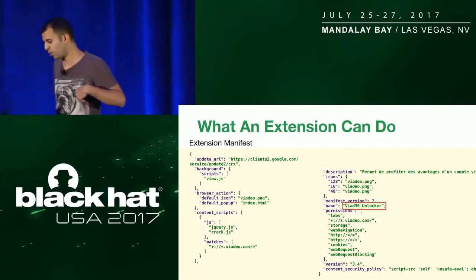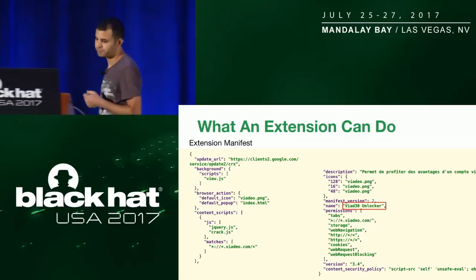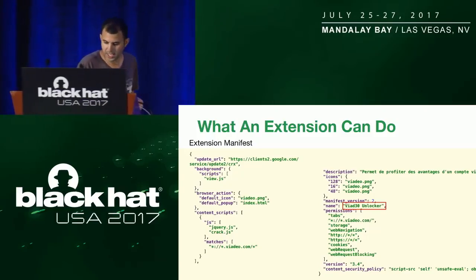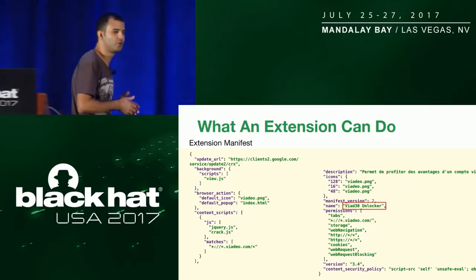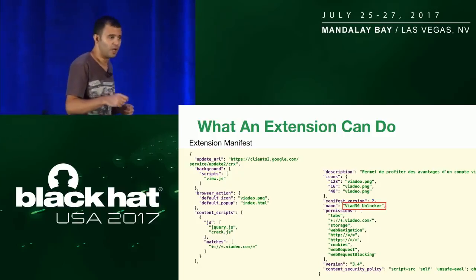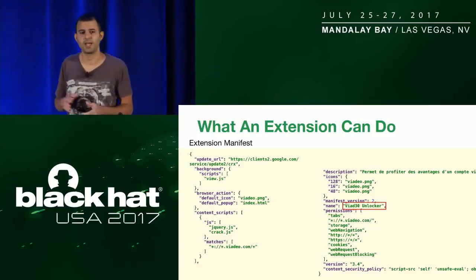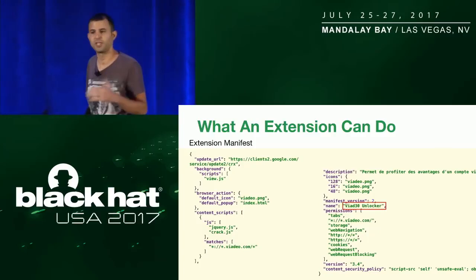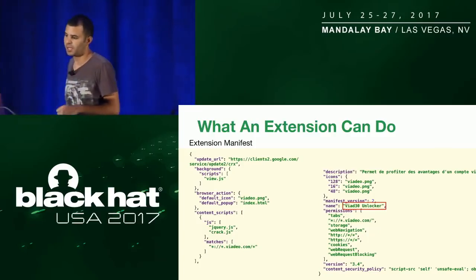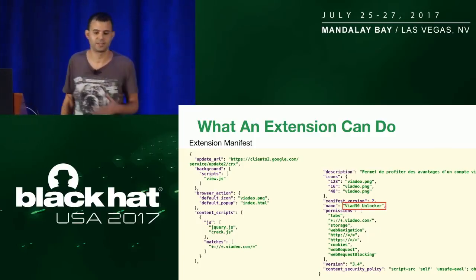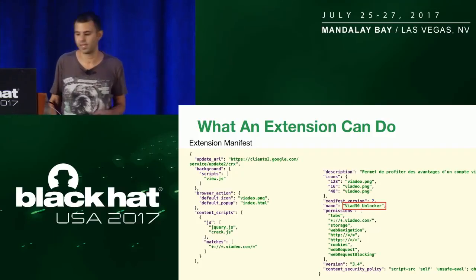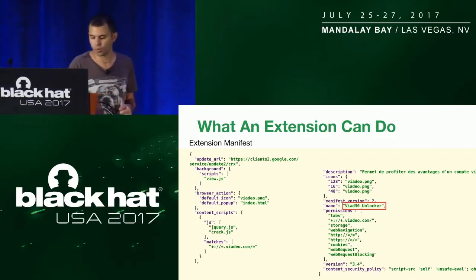In the red frame, you can see the name of the extension, Via Unlocker. These attackers used the name of an already existing extension that was already in the store. I guess they figured it's easier that way to pass Google's screening process in the web store.